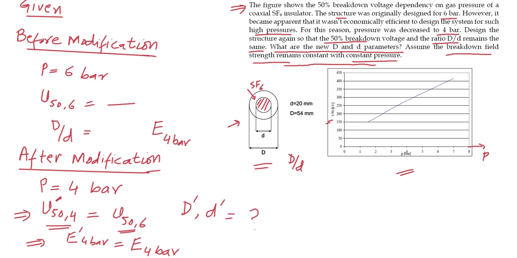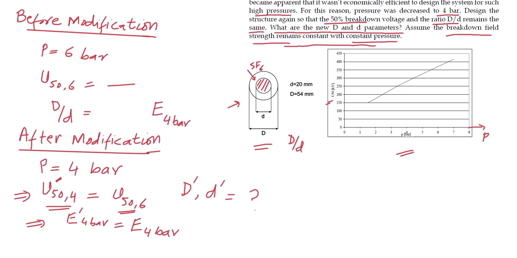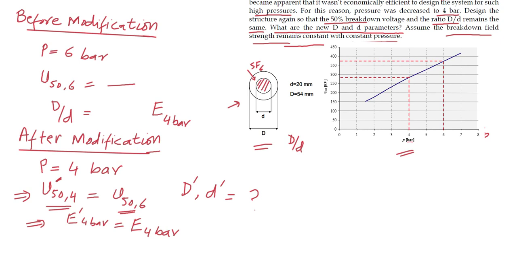So let's start with our formulas. First of all, let me find these values. U50, 50% at 6 bar. Let me label the graph as you can see here.